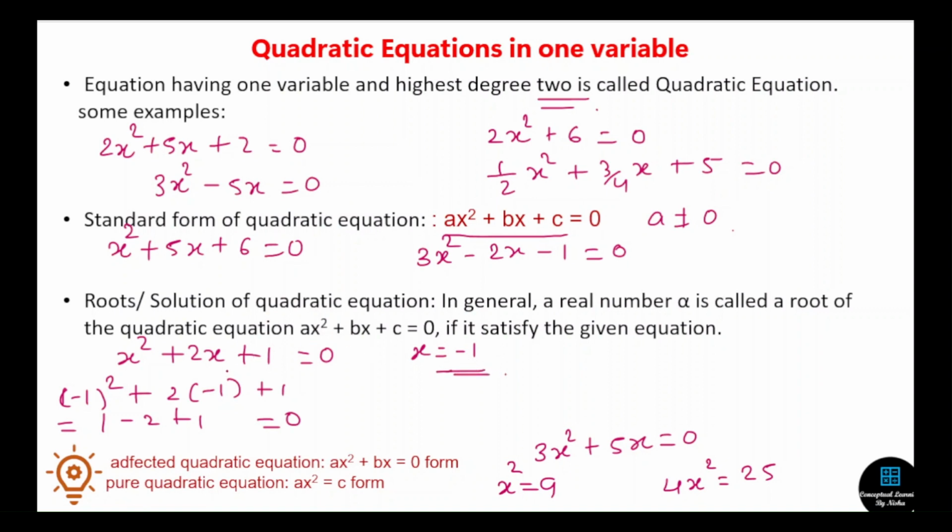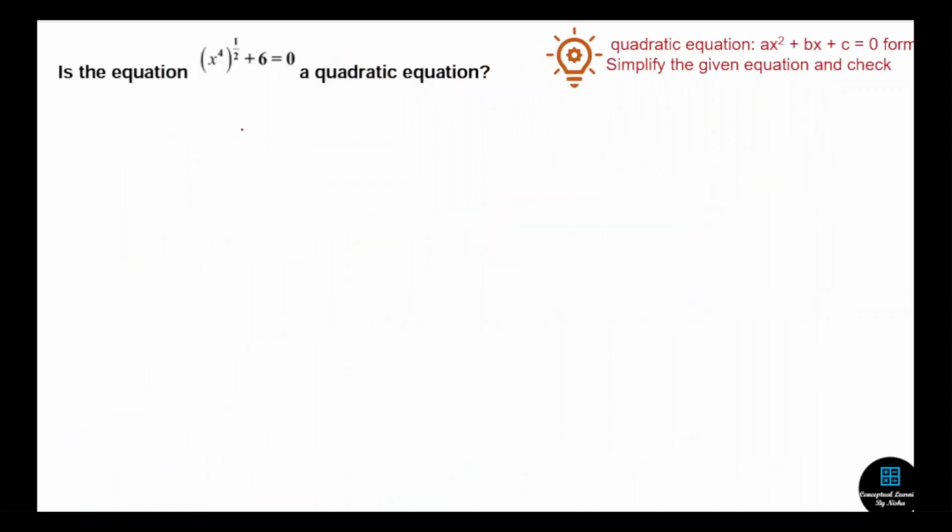Alright? Okay. Now we have to find whether this given equation is a quadratic equation or not. So we understood that the standard form is ax² + bx + c = 0. Now here the power of x is 4. So is it a quadratic equation? No, we have to simplify this first.